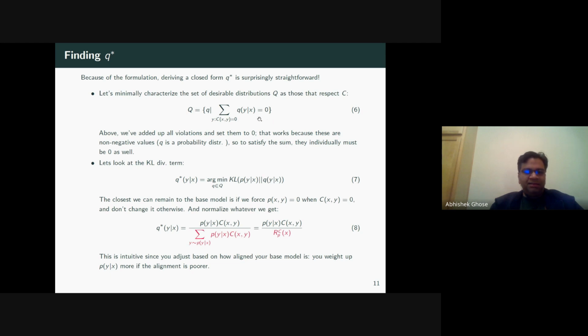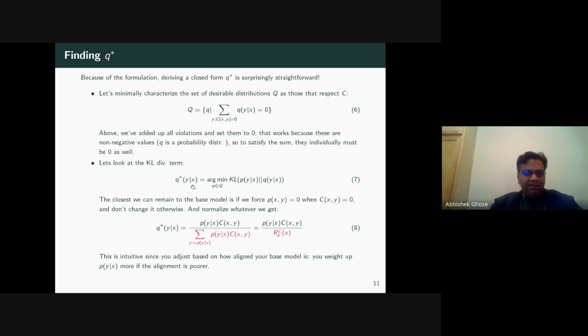So notice that instead of saying that every single y has to be 0 where the constraint fails, I'm summing up all those values and I'm saying the sum has to be 0. But since this is a probability, and therefore each of the values is a small positive value or a 0, the only way the sum can be 0 is if the individual values are 0, right? So it's a mathematical shortcut to say that all strings should satisfy this probability. I'm just using a sum.